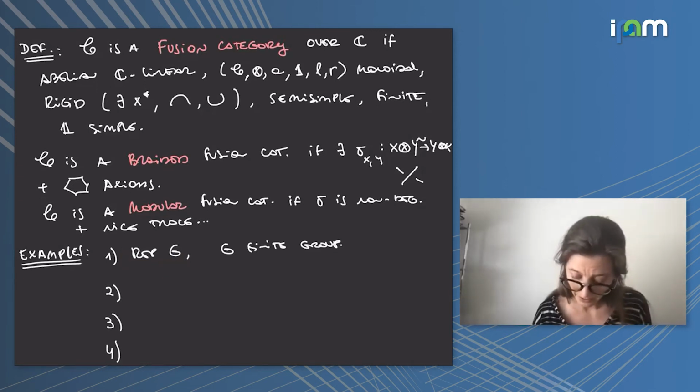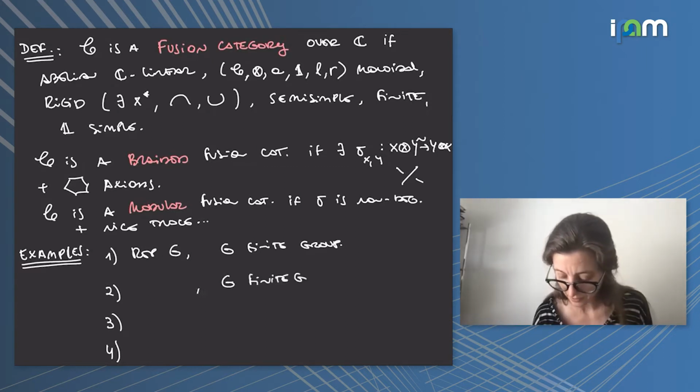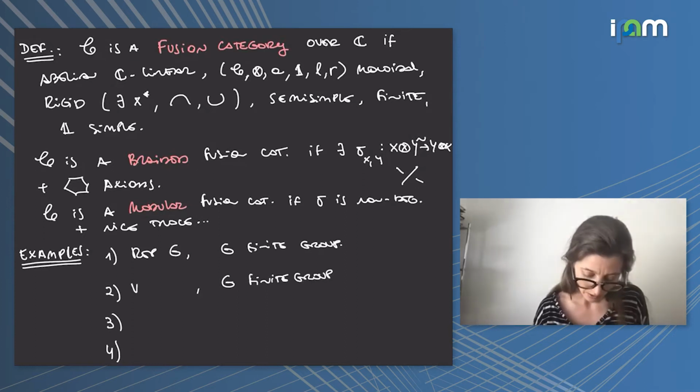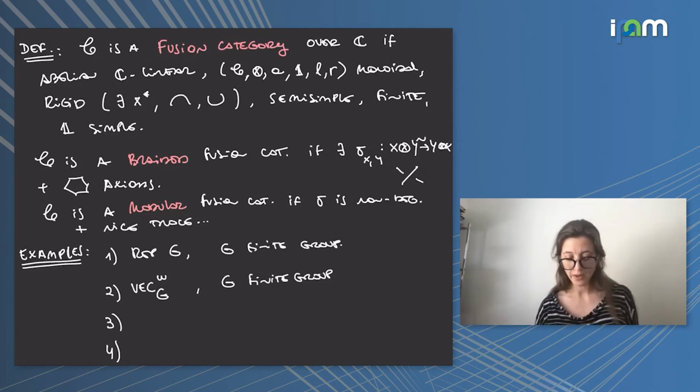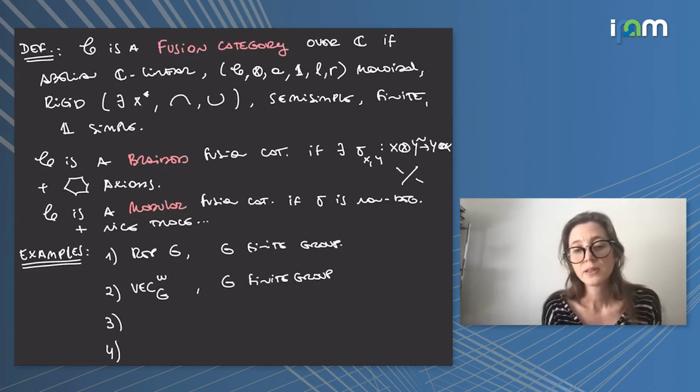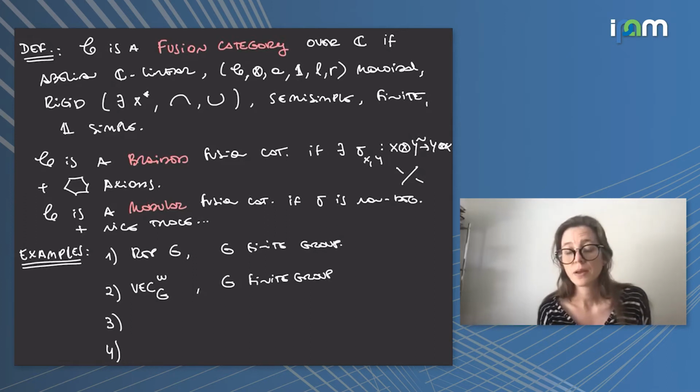But this is not the only category that we can get with a finite group. And I think this was discussed possibly in detail in the discussion room on Tuesday. We have the category Vec_G^omega, which is the category of finite dimensional G-graded vector spaces.